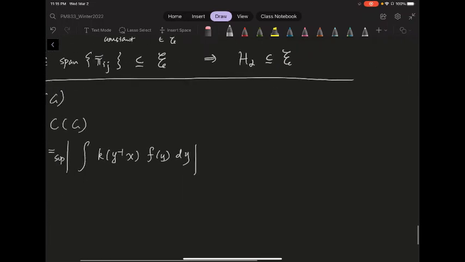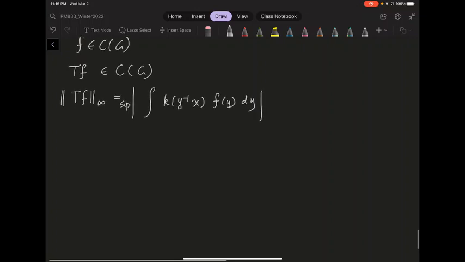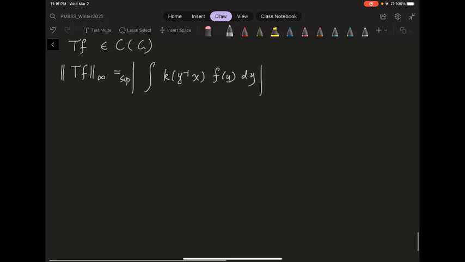And this k here is fixed, so I can always make this k bounded. So this is going to be less than or equal to the infinity norm of k, multiplied by, well, you just integrate the f of y, so that ends up with the one norm of f.